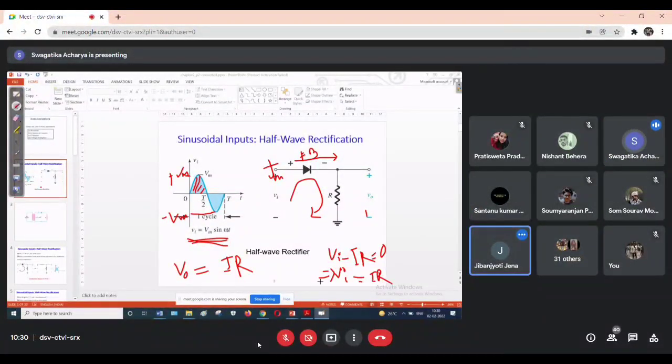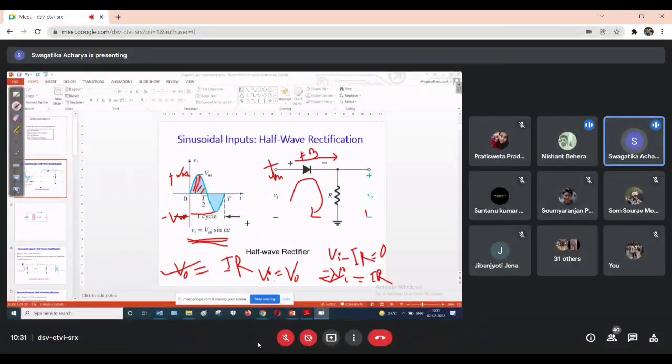So whatever your input is, that is the same as our output. Vi equals V naught. Only if the diode has no resistance, then V naught is equal to Vi. If a resistance value is given, or even a 0.7 volt drop, then what will happen?